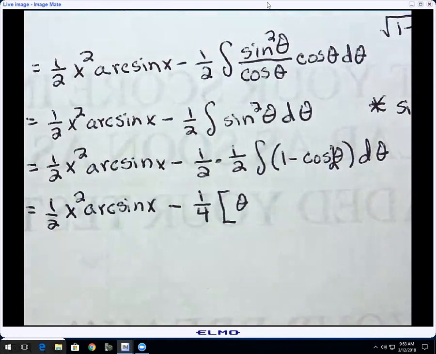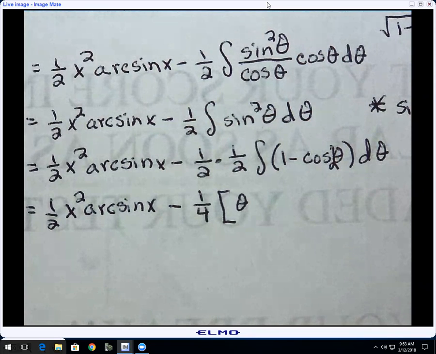What about the indefinite integral of negative cosine 2 theta? To integrate cosine 2 theta, what would have to be part of the integrand? I'd have to have a 2 d theta. I don't have a 2 d theta. If I wanted to put one there, I'd have to put another half out in front of that term only.